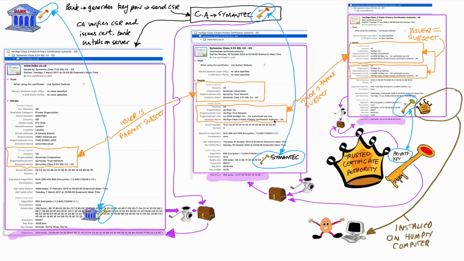So first of all, do I have a certificate like that in the chain that was sent to me by the bank? And the answer is no, because they only sent me two certificates: their server certificate and this one, the one I'm currently verifying. So, all right, this is what Humpty's machine will say: let's have a look in my local list of all my trusted certificates and see if it's there.